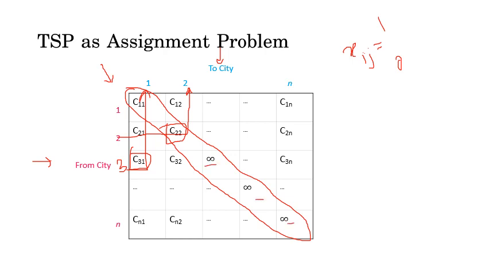So the diagonal of the table represents traveling to a city from the same city, and that's why we assign a huge cost to this journey so that the model will never assign these coefficients xij to 1. So we never want this, and that's why we assign a huge penalty here.